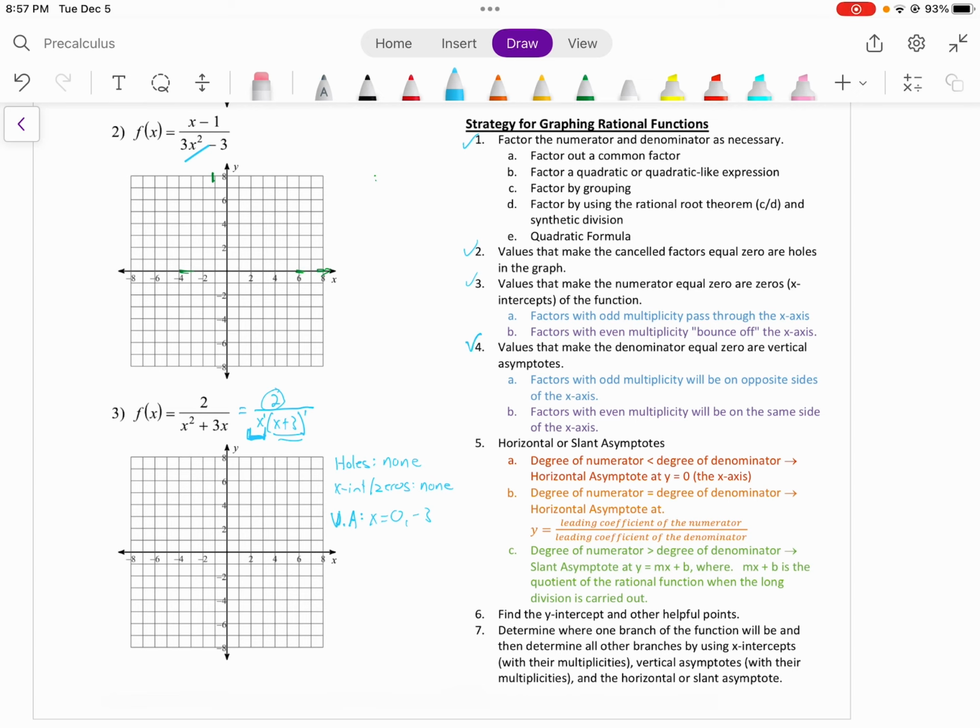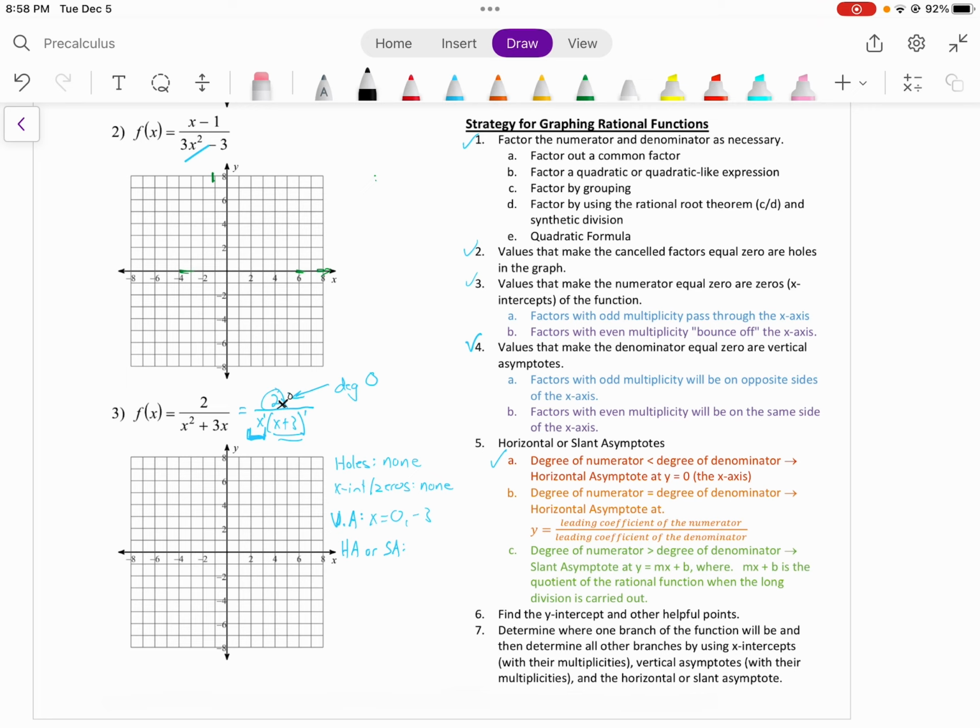Now let's go to horizontal or slant asymptote. As mentioned before, these first 3 fit part A here. The degree of the numerator is less than the degree of the denominator. The degree of the numerator is 0, because there's no variable written, which means it's an understood x to the 0. Maybe I'll put it in a different color so we remember it wasn't actually written there to start with.